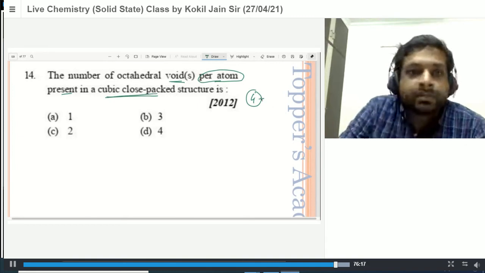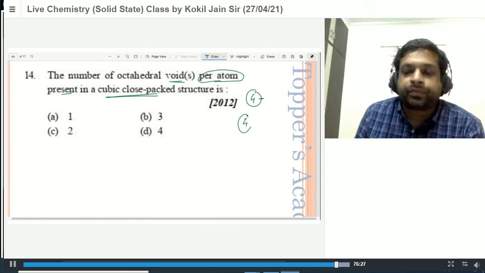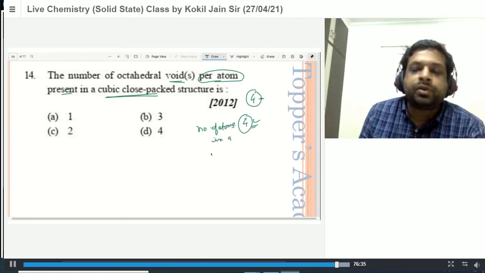Number of atoms in the CCP lattice are 4.